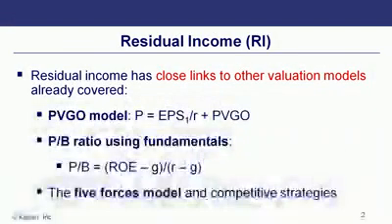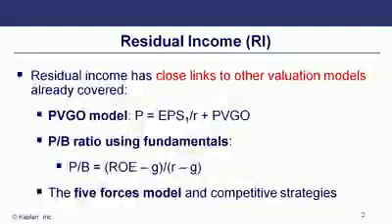Residual income is very closely linked to other valuation models. The first one is the present value of growth opportunities. Notice it's your EPS over the required rate of return, plus any additional present value of future growth opportunities. In the numerator is what you're going to earn, and in the denominator is what you're required to return.